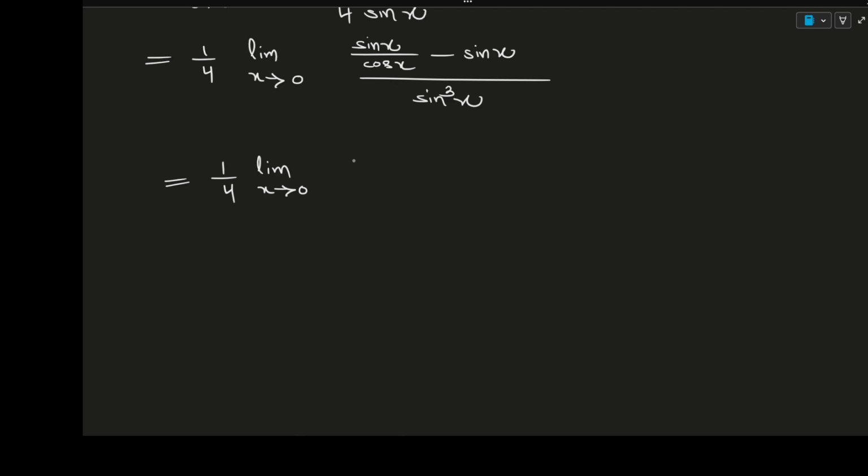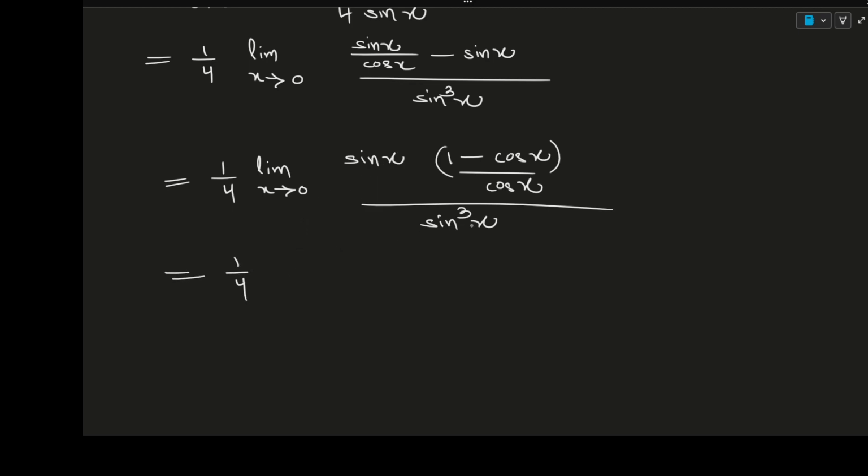Okay, taking sin x common from the numerator, I will get sin x outside, reduced to 1 minus cos x by cos x. So in the denominator I have sin cube x.